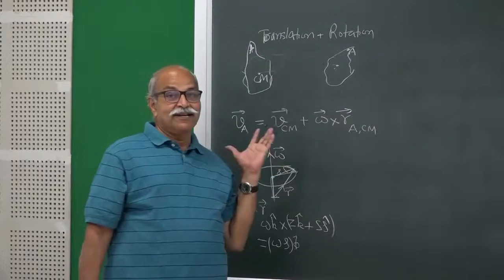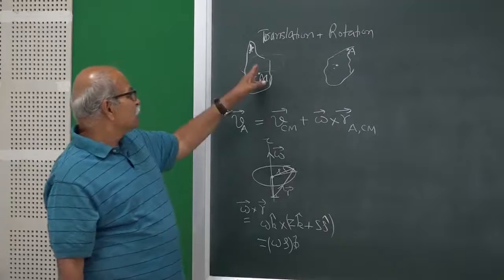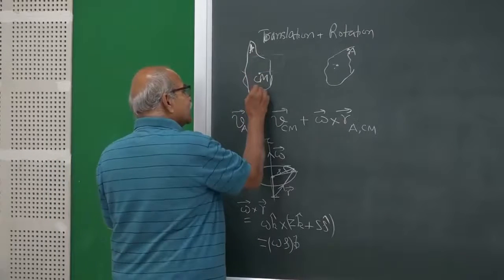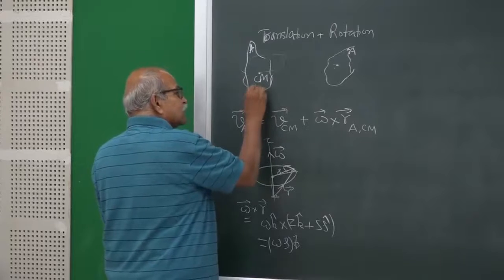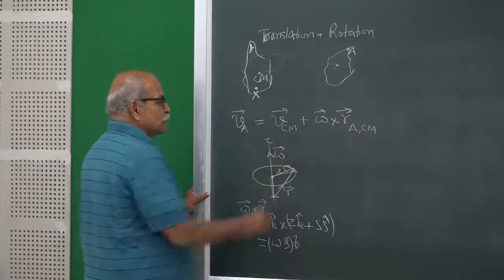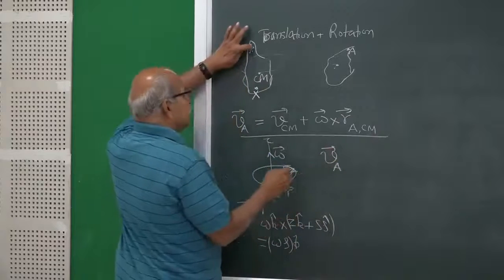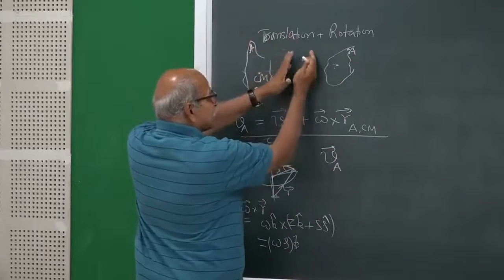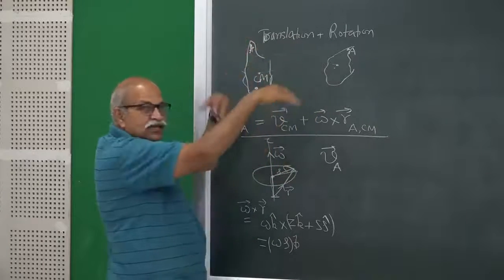Now, very interestingly, if you do not use the center of mass and fix some other point, say some other point here, let us name this point x, you can still write the velocity of this arbitrary point a, the velocity of a at any instant, remember going from here to here involves a lot of variations.